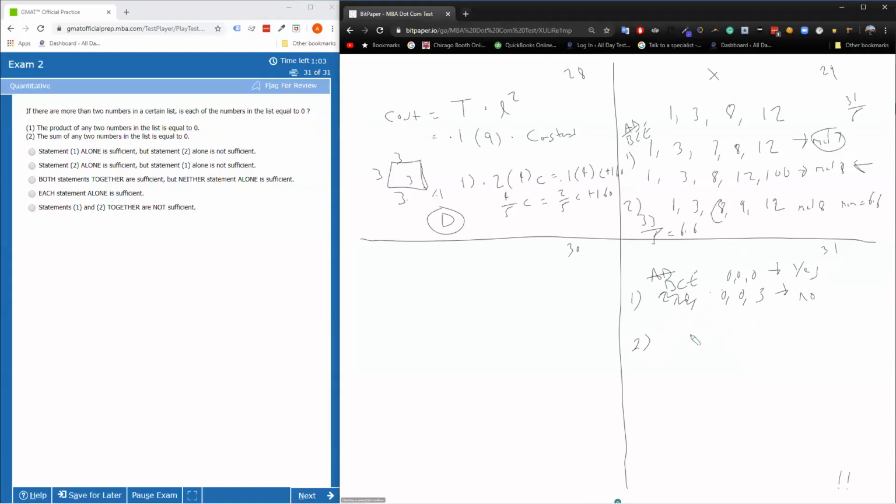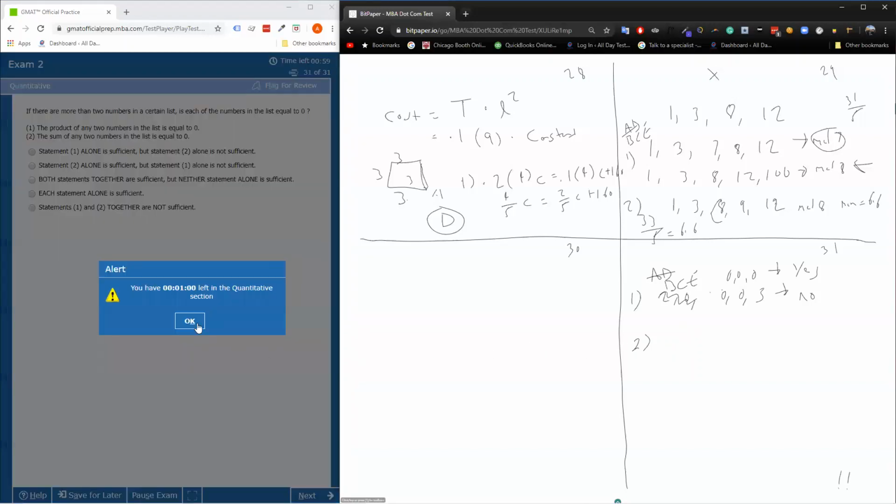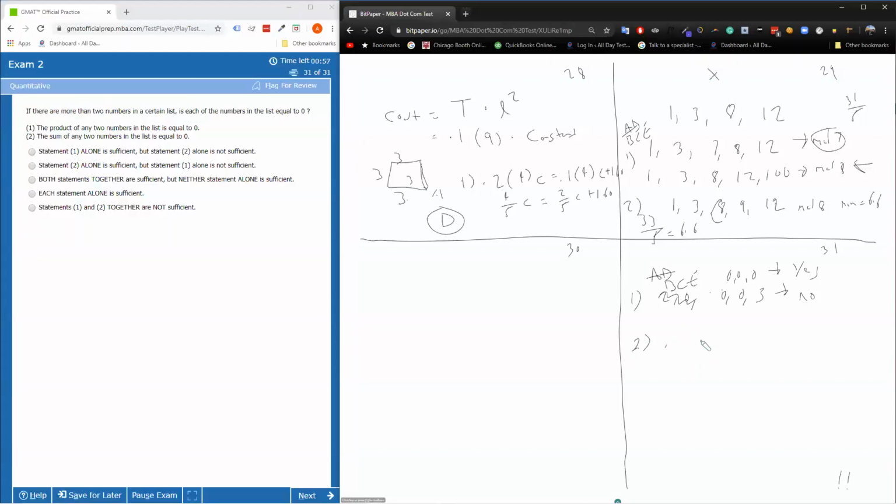The sum of any 2 numbers in the list is equal to 0. So I could have 0, 0, 0. That's a yes. I could have 5, negative 5. There's got to be more than 2 numbers, so there's no way to do this unless it's all 0.